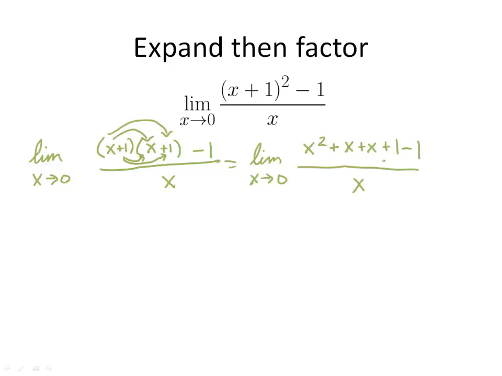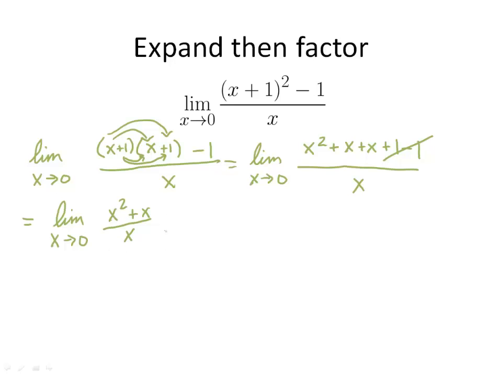Notice the 1 and the minus 1 cancel out, and then you're left with limit as x approaches 0 of x squared plus x all over x.